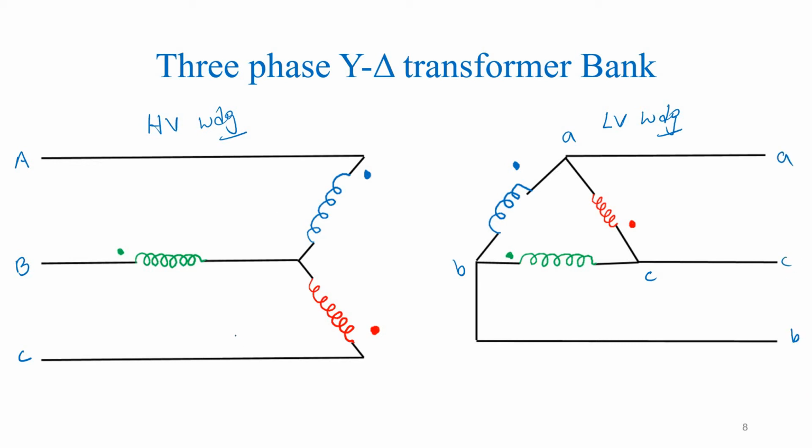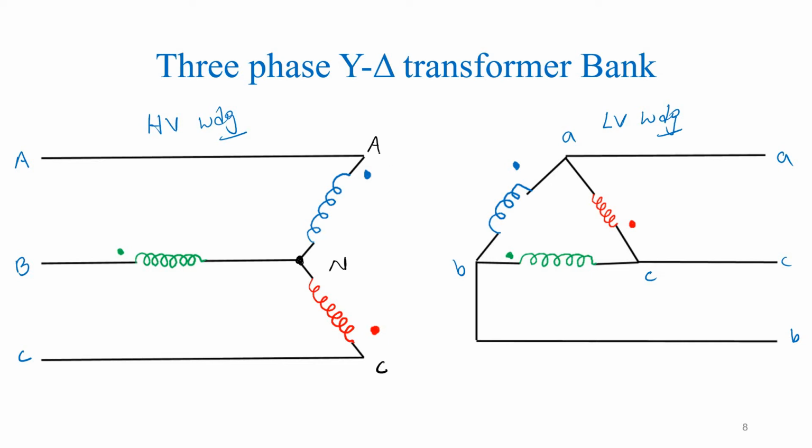We know in the star connection the phase and the line voltages are not the same. So now look here. There are two windings marked in blue color, two windings marked in red, and two windings marked in green color. What does that mean? Let us represent the voltage across each winding of the HV side. This is terminal A, terminal B, this is the neutral point, and this is the C phase.